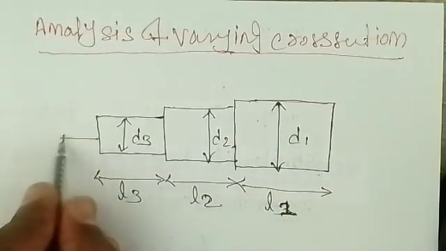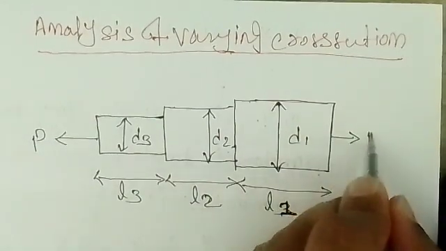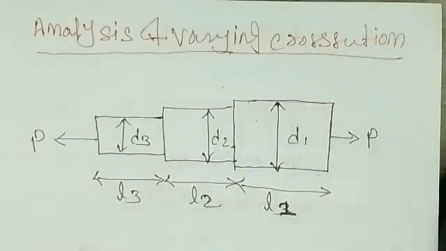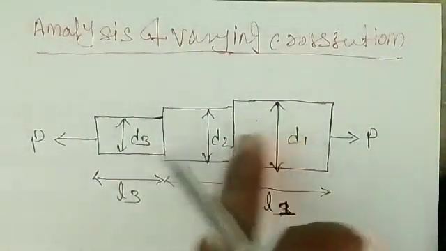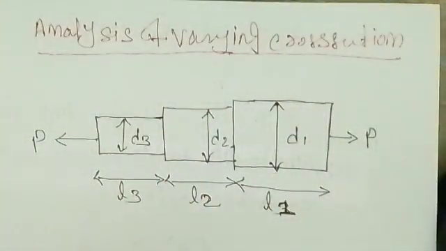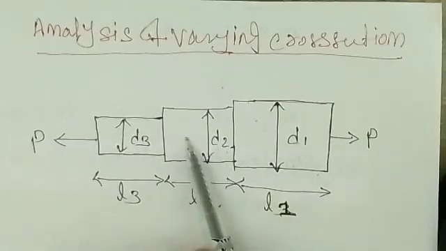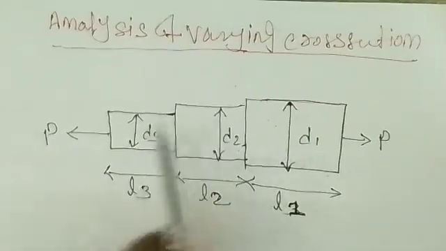And the load is acting, we can say the tensile load is acting of having equal magnitude but in opposite direction of P. And this section 1, 2 and 3 are the homogeneous, right? It means it is made up of the same material. So as this is made up of the same material, so Young's modulus for section 1, Young's modulus for section 2 and Young's modulus for section 3 will be same.